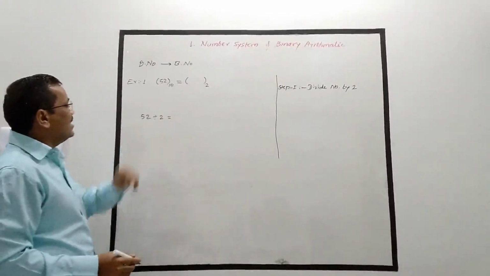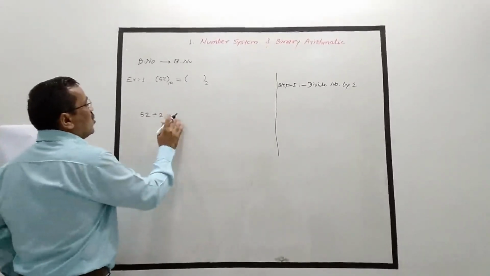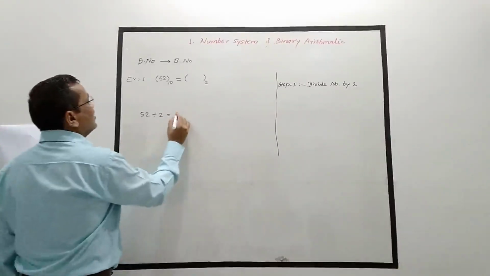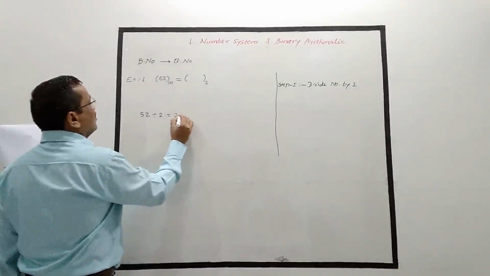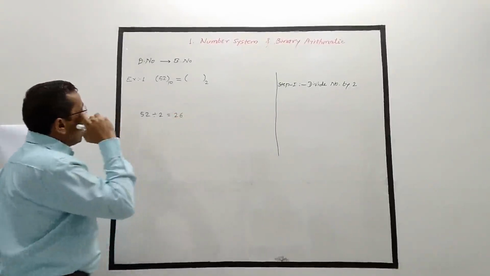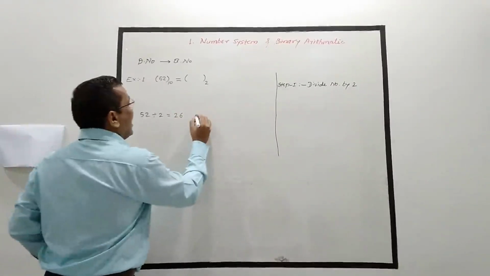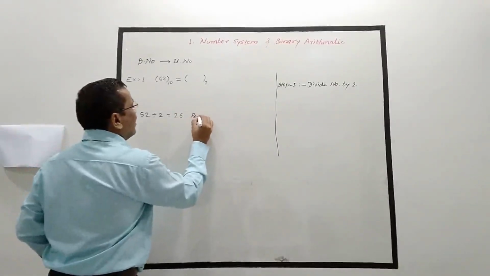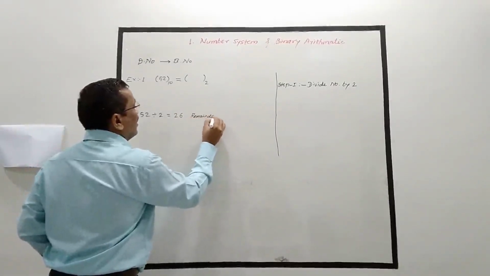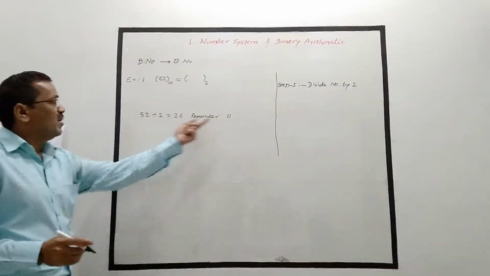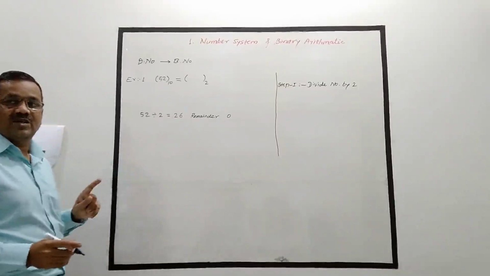Now what is the quotient? And note the remainder. In this case, the quotient is 26 and the remainder is 0. No remainder. 26 is the quotient.